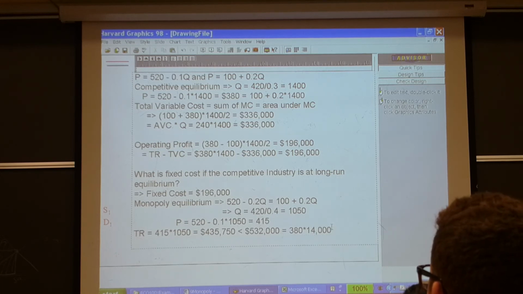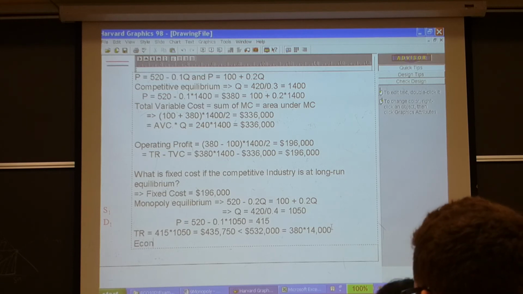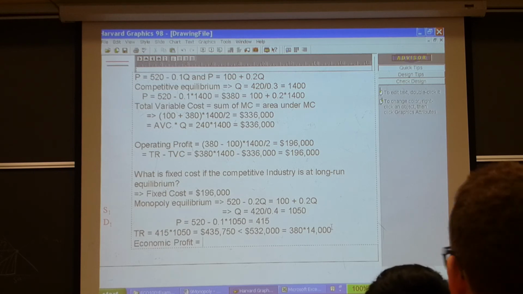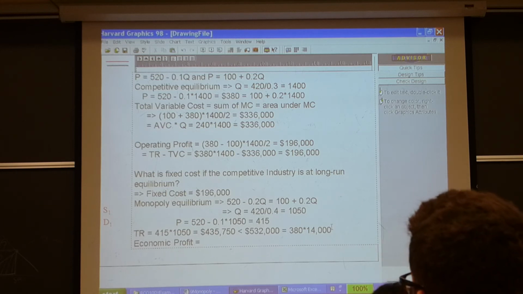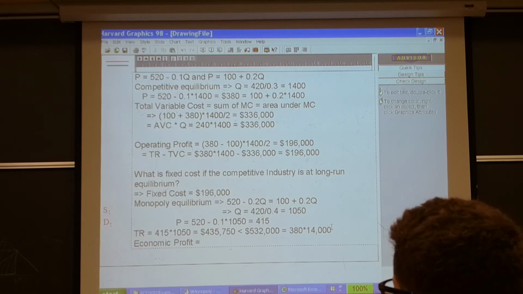Well, let's see what the profit is for the monopolist. Economic profit for the monopolist is, let's figure out the variable cost, which would be 415 minus 100, which would be, what is the average of 415 and 100, is it not?